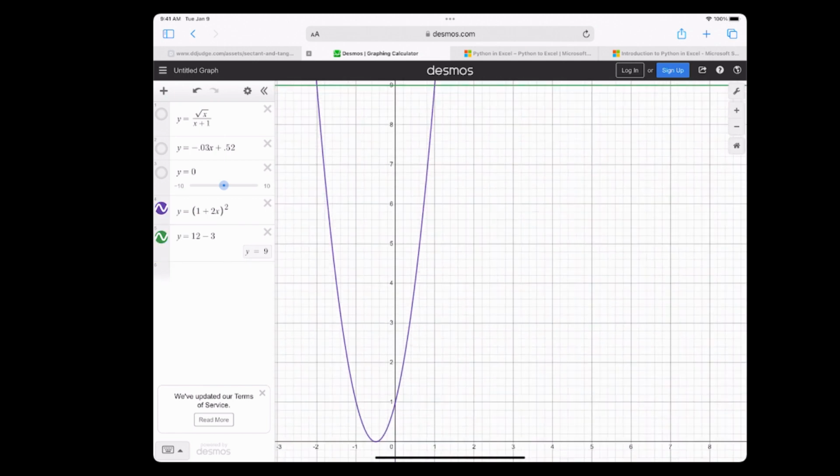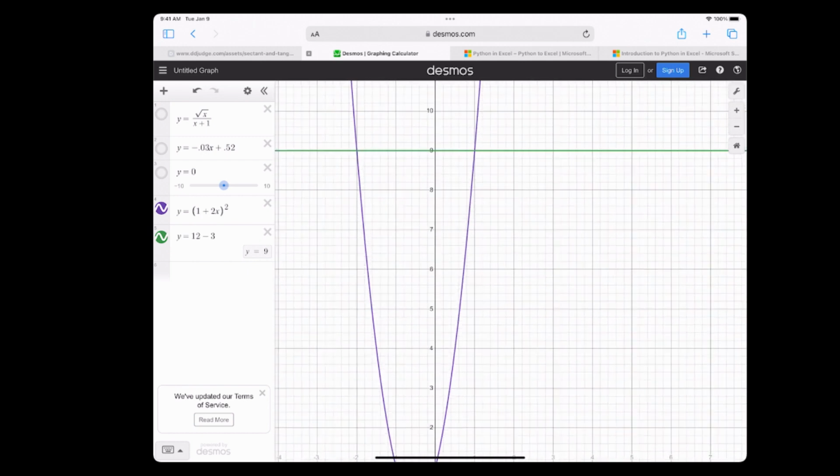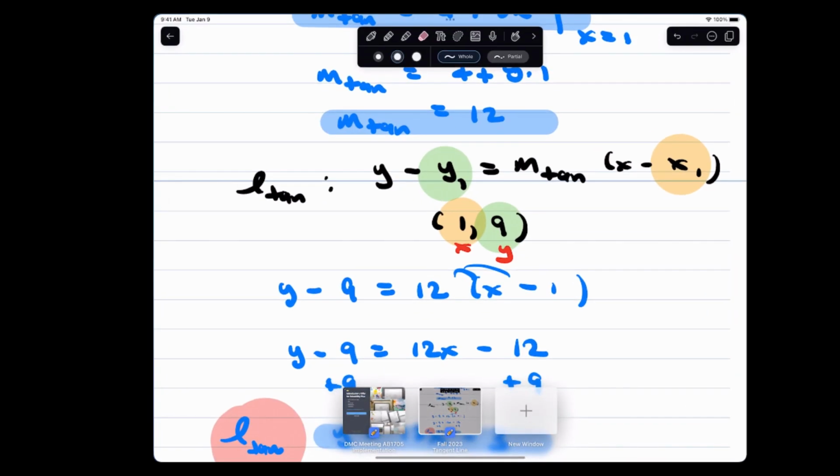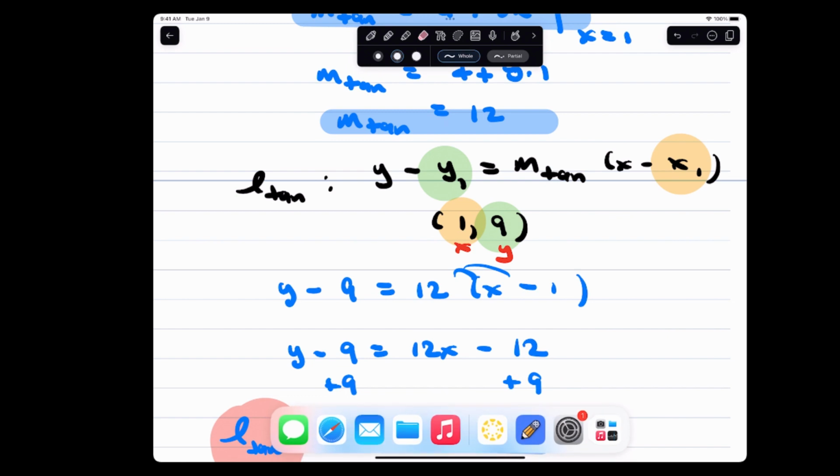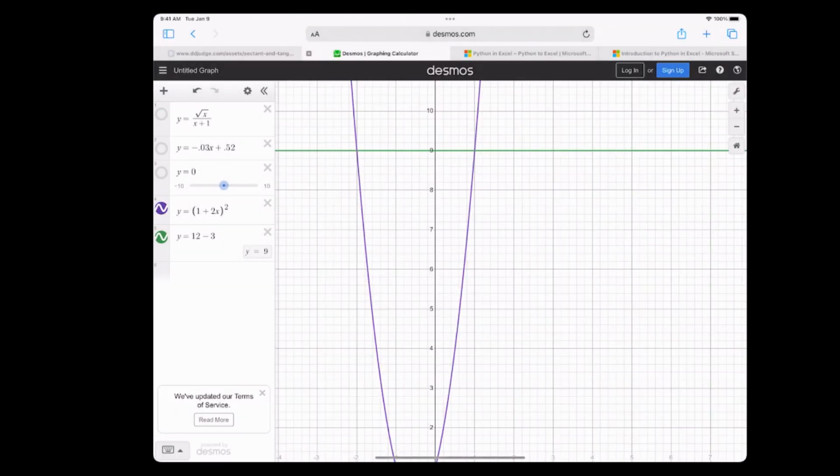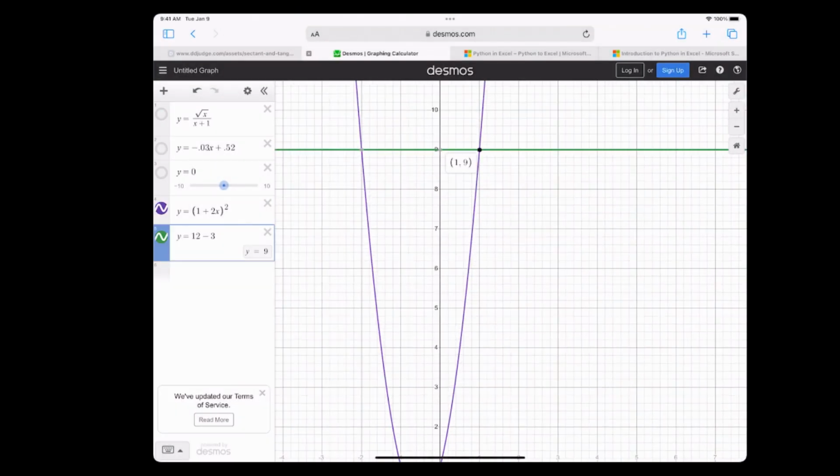Well, let's see. No, where was that location? X is 1, y is 9. Okay. X is 1, y is 9. So the original question, that's the equation of the line tangent to the curve at 1, 9.